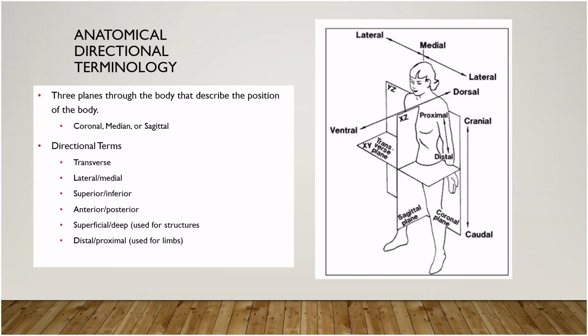Distal and proximal is mainly used for limbs, but it is also used for some of the organs, such as kidneys. Is it proximal or distal? When you're talking about organs, you're talking about the place that it either attaches or is the opening of that particular system.